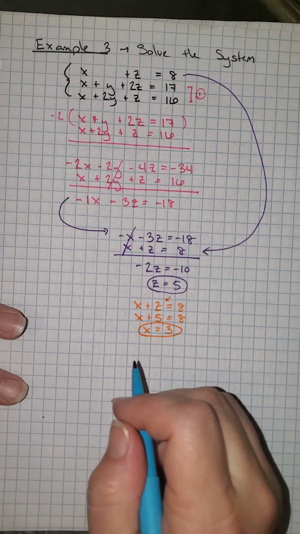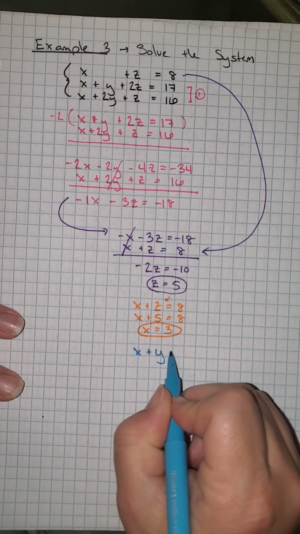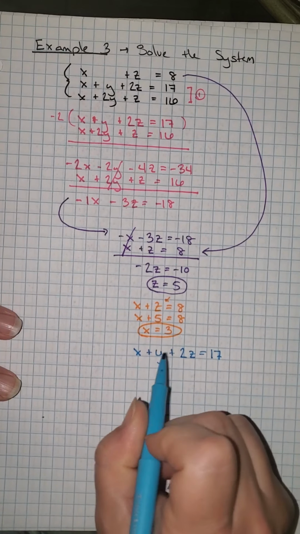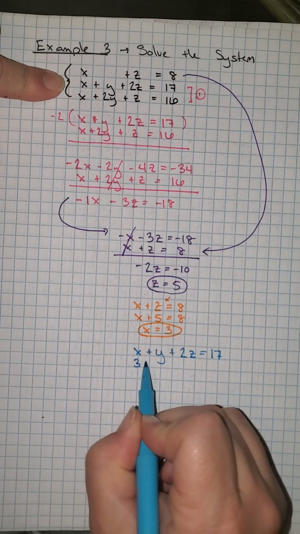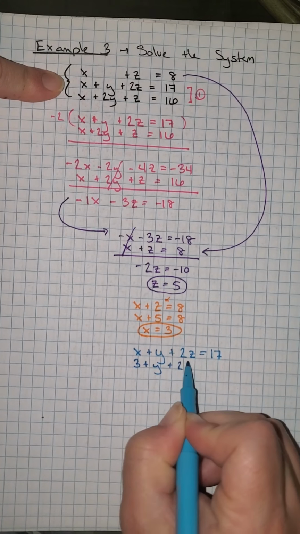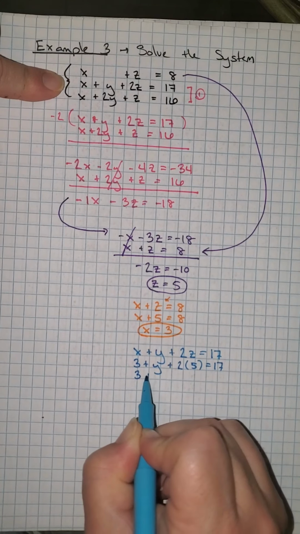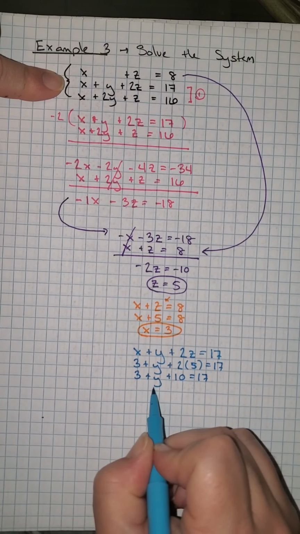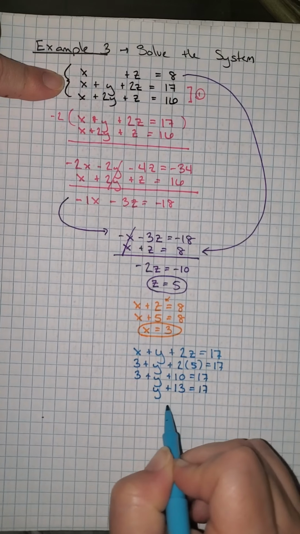Now we need an equation with x, y, and z. Or just a y and something else. It doesn't have to have all of them in it. But I'm going to go back to this one from the middle up here. Plug in what we know. We know x is 3. And we know that z is 5. So 3 plus y plus 10 is 17. 3 plus 10 is 13, and 13 plus y equals 17.